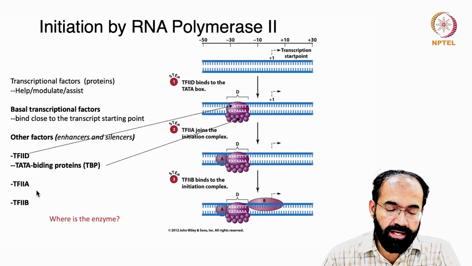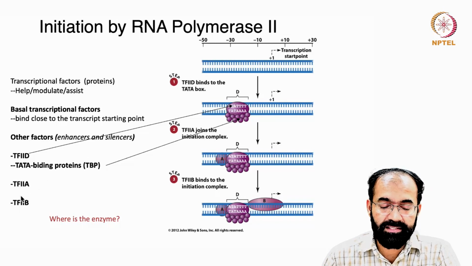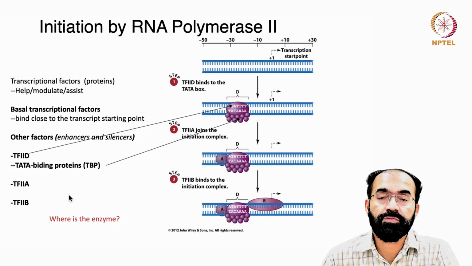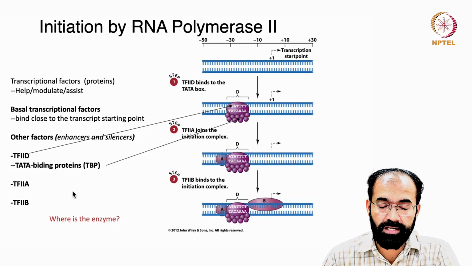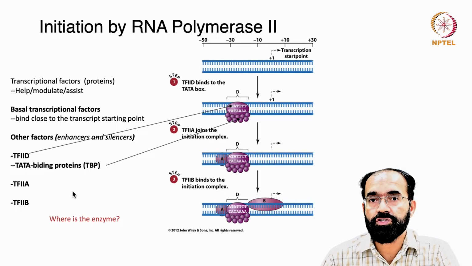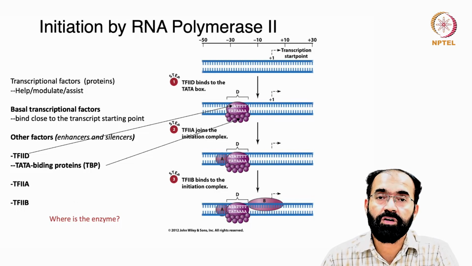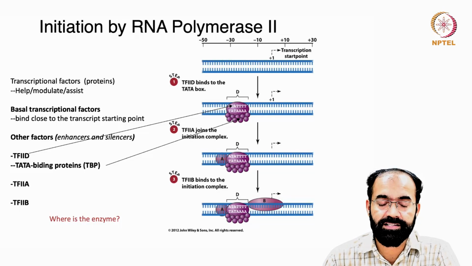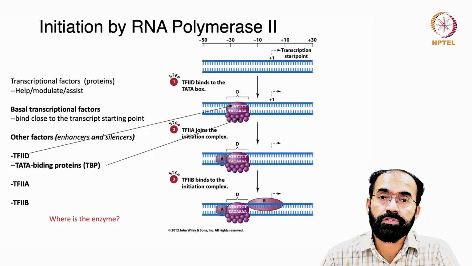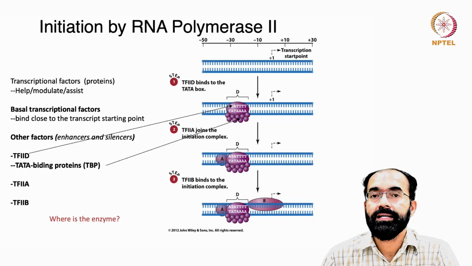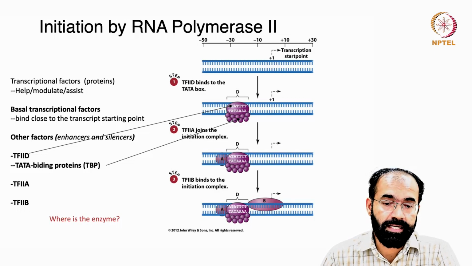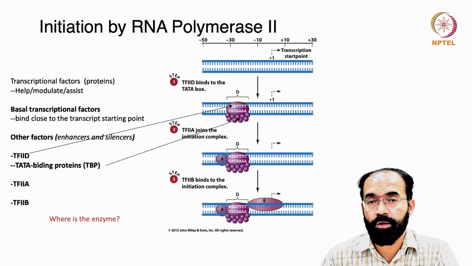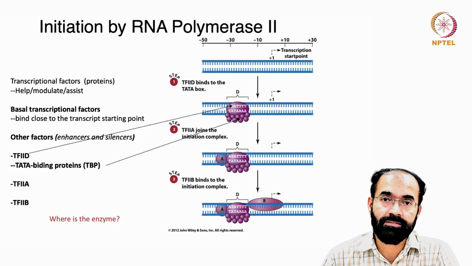This is joined by TF2A, and this is further joined by TF2B. So each of these factors joins sequentially. All these factors cannot join together because that will cause a lot of steric hindrance and disturbance, and also each of these factors needs to have a specific stoichiometry in the DNA, which is possible only when one factor is bound.